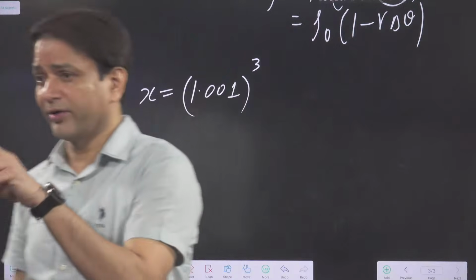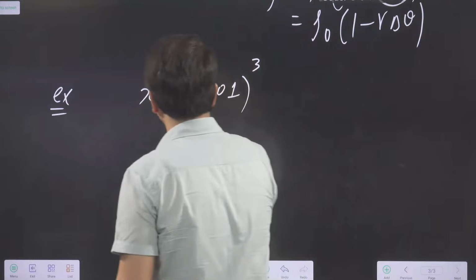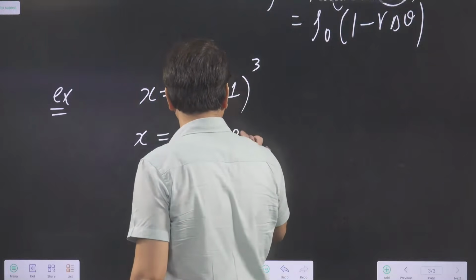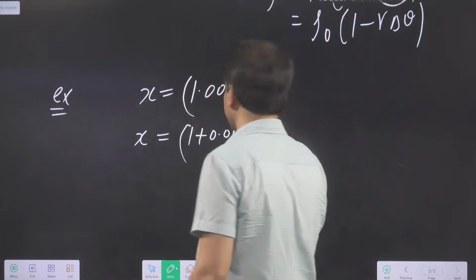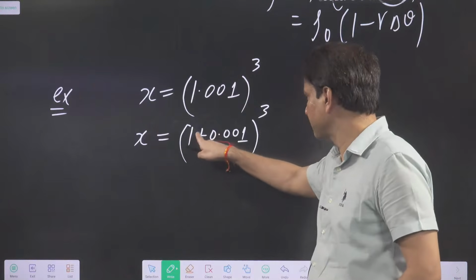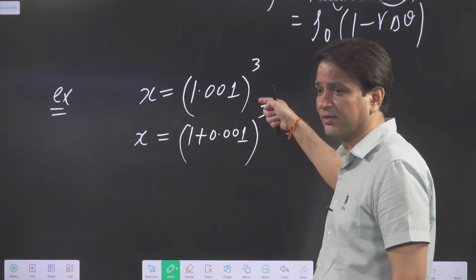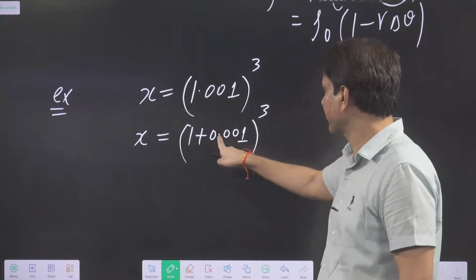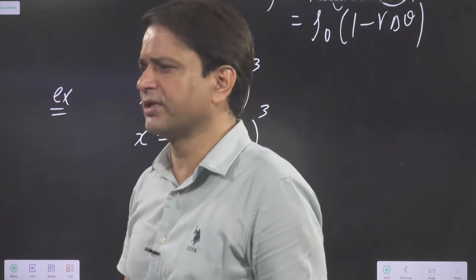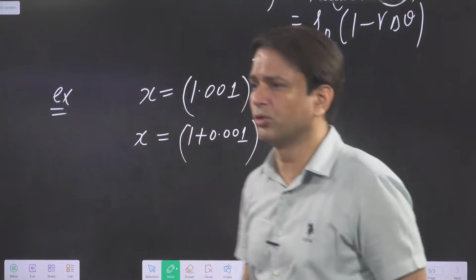So if you see this number, we can write x is equal to 1 plus 0.001 whole to the power 3. Now this is 1 plus x whole to the power n. What is the n value here? 3. What is the x here? 0.001, and 0.001 is very small in comparison to 1.